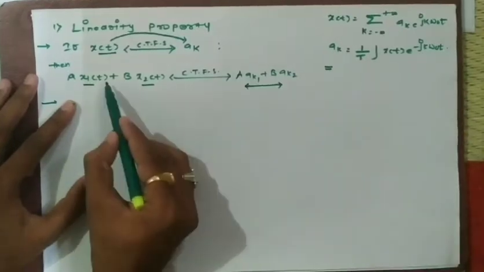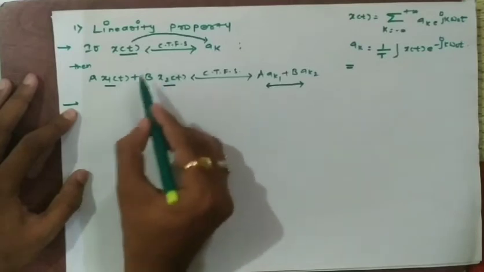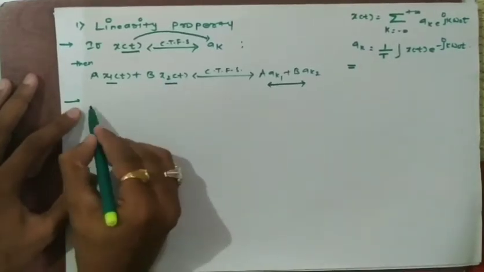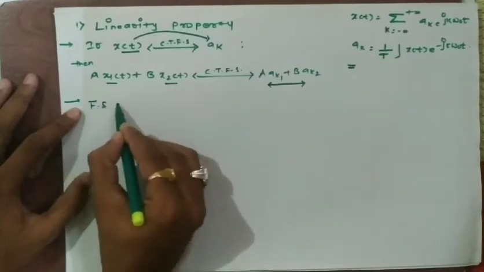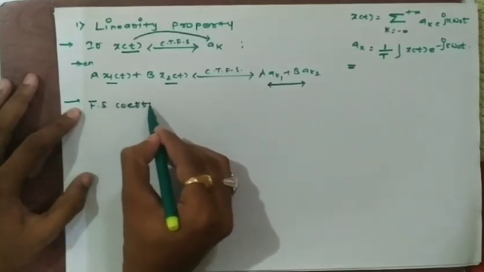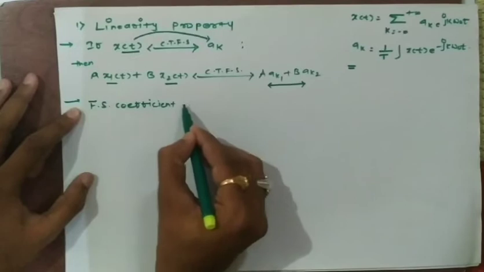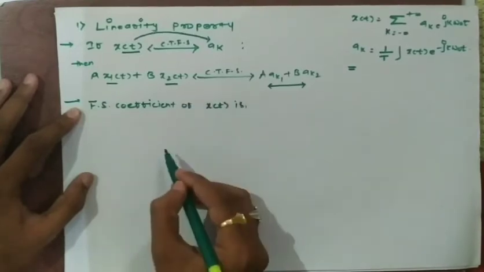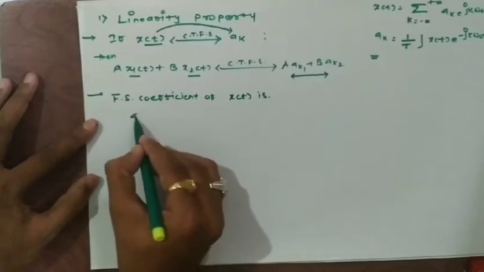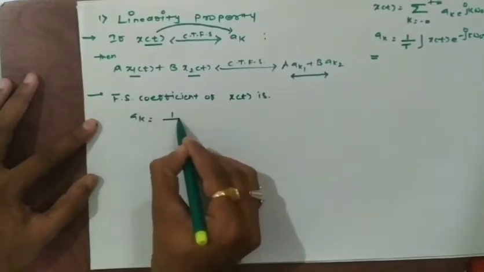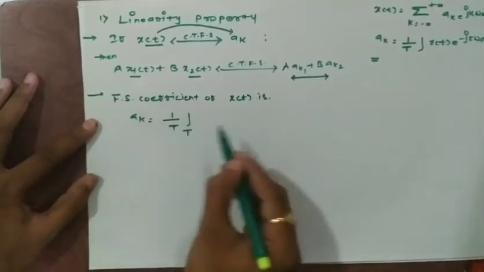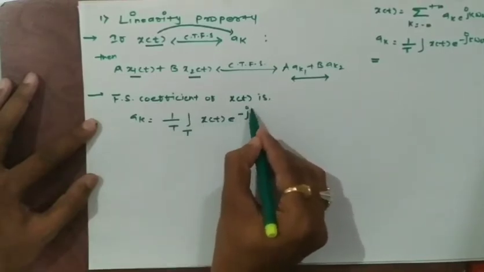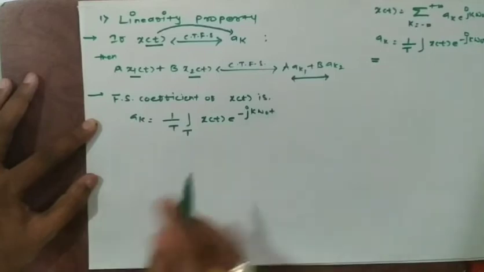Now in this case, in order to prove this property, we'll use this particular fundamental formula: the Fourier series coefficient of the given signal, which is x of t, is written as ak is equal to 1 upon T integration of our input signal x of t into its exponential term, this one.